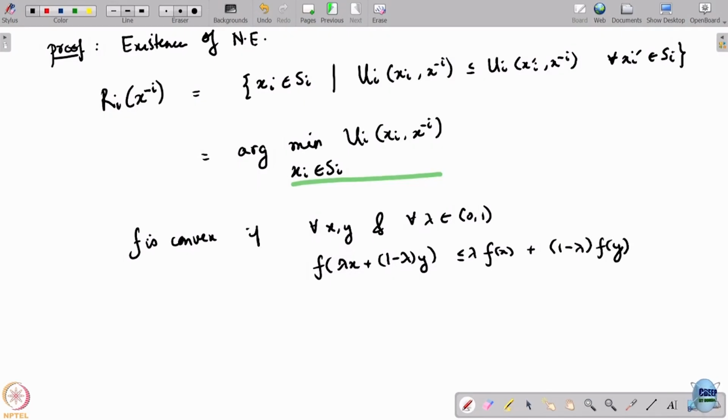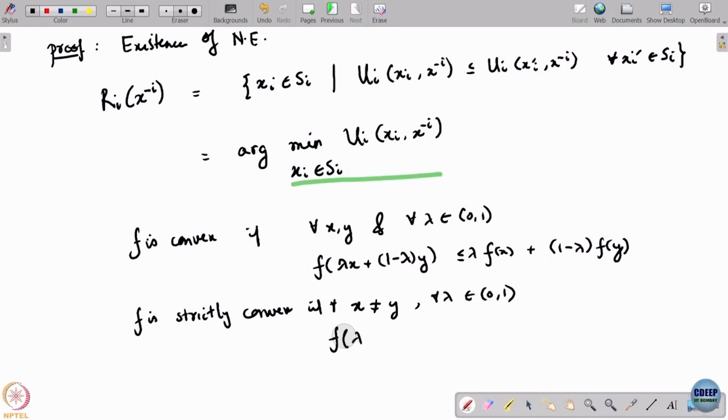This is the definition of a convex function. f is strictly convex if, for x not equal to y and lambda between 0 and 1, f of lambda x plus (1 minus lambda) times y is strictly less than lambda f(x) plus (1 minus lambda) f(y).